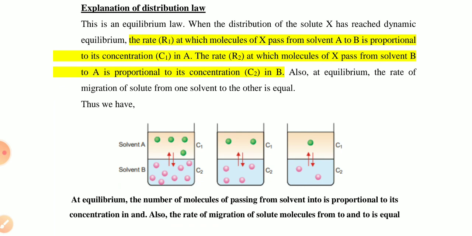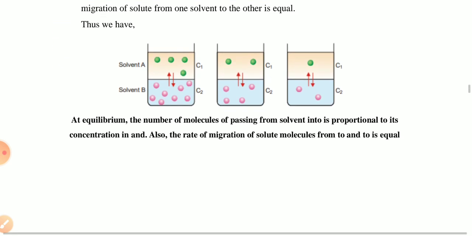The rate of reaction R1, at which molecule X passes from solvent A to B, is proportional to its concentration C1 in A. The rate of the backward reaction R2, at which molecule X passes from solvent B to A, is proportional to its concentration C2 in B. Okay, at equilibrium, the rate of migration of solute from one solvent to the other is equal to each other.